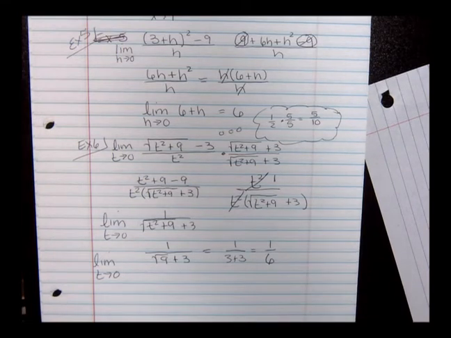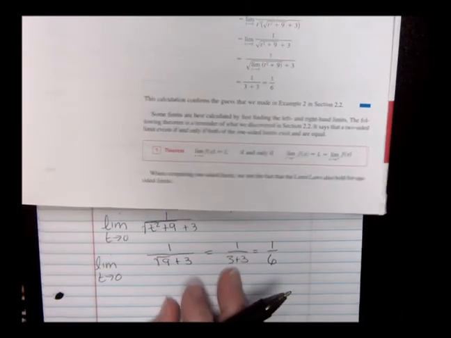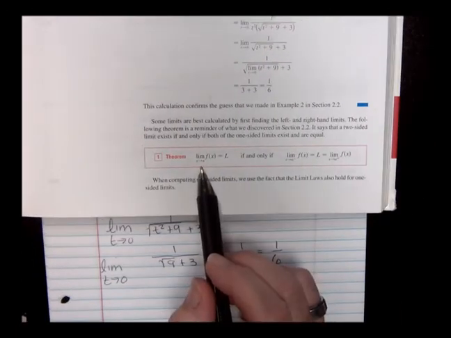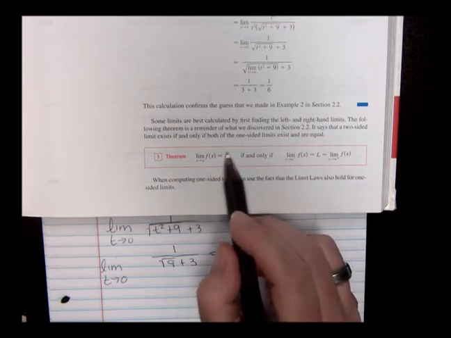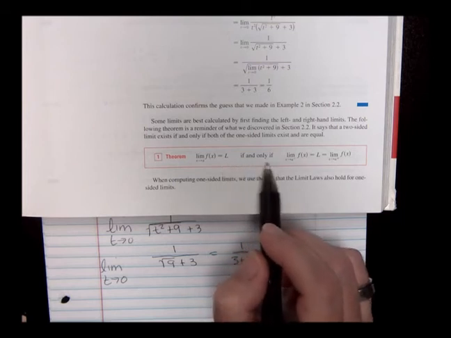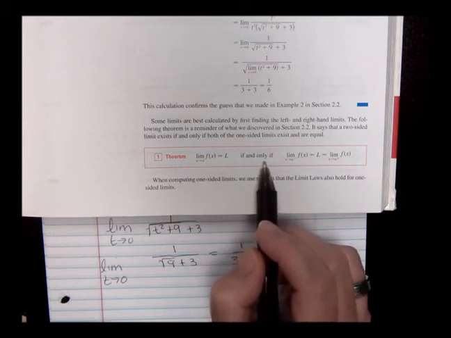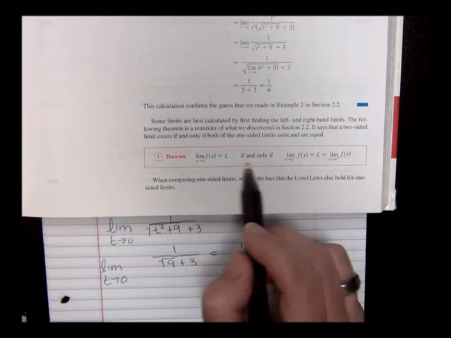All right, we have a theorem to look at quickly before we go on to the next example. The limit of a function as x approaches a will be L if and only if. This means it absolutely has to happen. If and only if. Both ways.